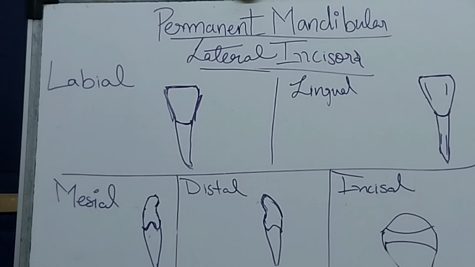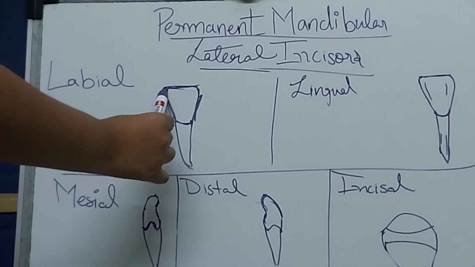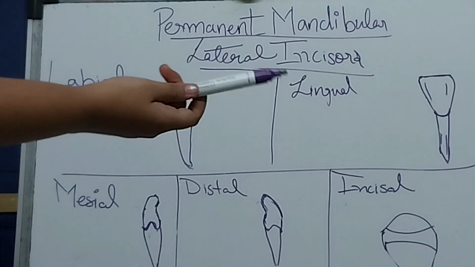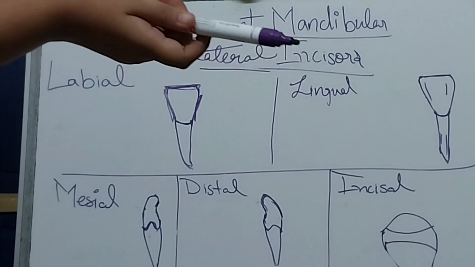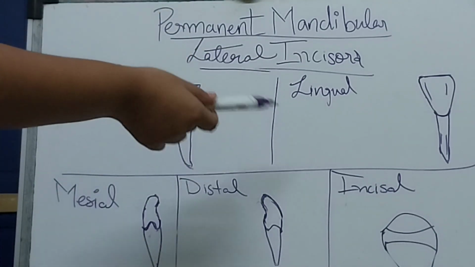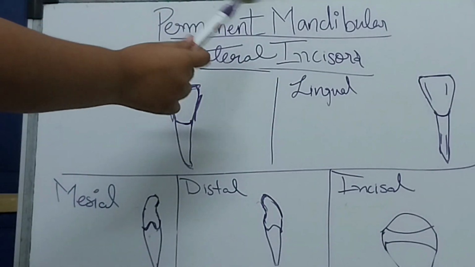One difference is that if you compare the mesiodistal diameter of the crown, it is 1 millimeter larger than that of the permanent mandibular central incisor. So the mesiodistal diameter is a bit larger, which I just told before, that the lateral incisor is a bit greater in dimensions than the central.